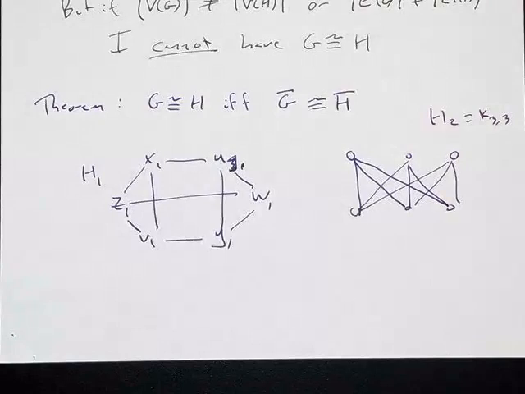Three coming, three coming, three coming down. Three going up, three up. 18. 9. And there's still 6 vertices. 3 on the top. So these have the same size and same order.